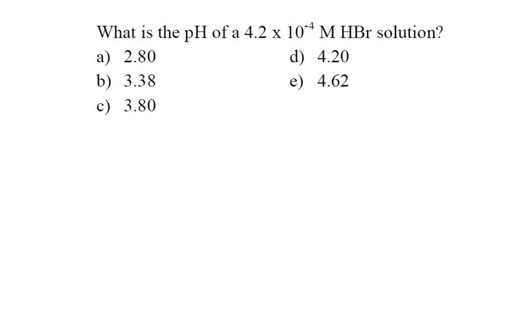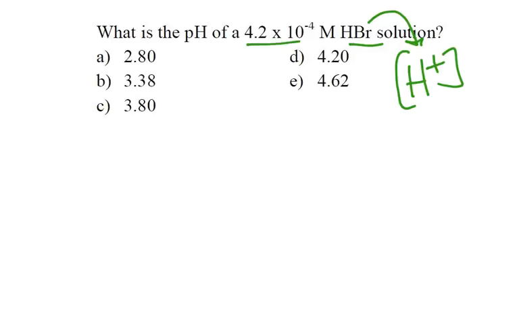Now this question is a pretty standard sort of question. It's asking what's the pH of a solution of HBr, and we should say okay, that's a strong acid. So again, we are really concentrating on the H plus concentration. Since it's a strong acid, the concentration of HBr is the concentration of H plus, so we just need the negative log of this number.